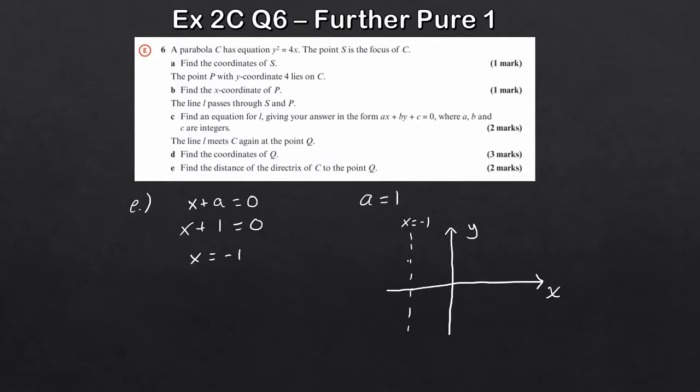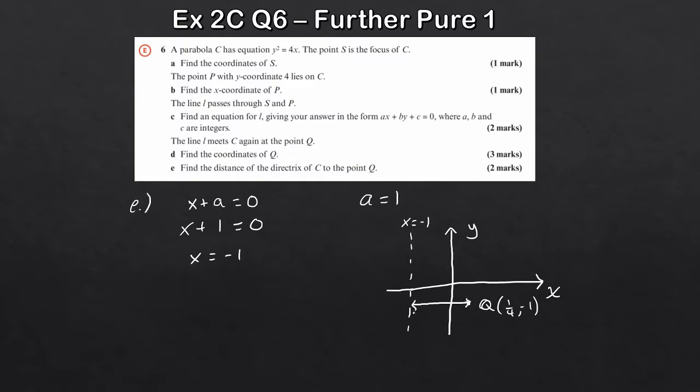And what we want to find is the distance from the directrix to the point Q. And we know Q is a quarter, minus 1. So that's going to be somewhere like here. Okay, that's Q there. So we just need to find this distance here.